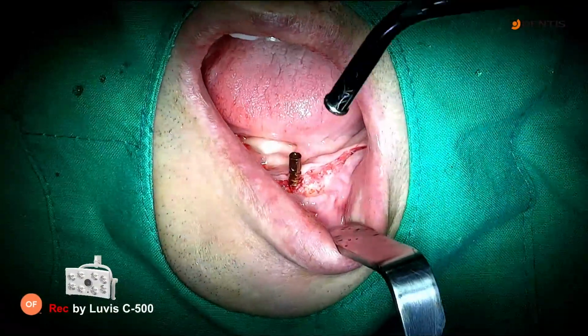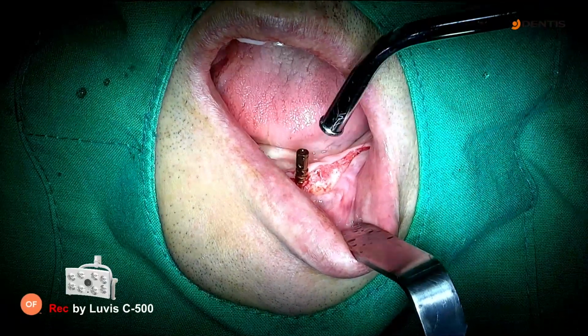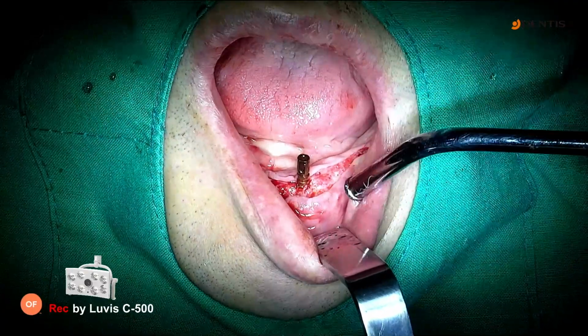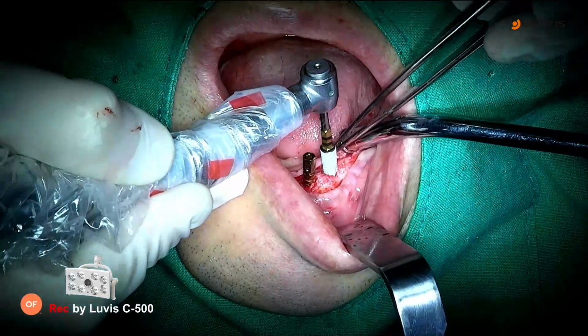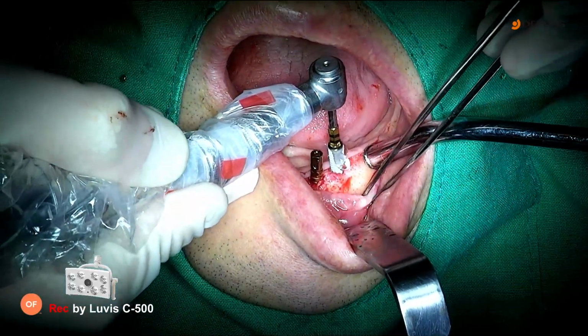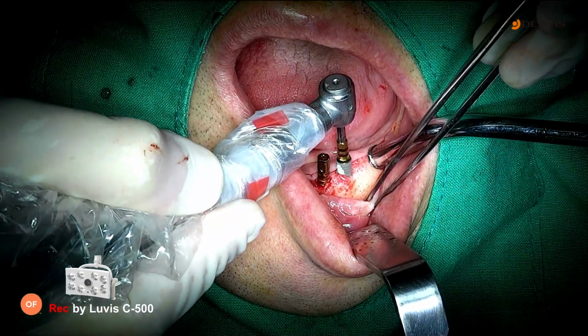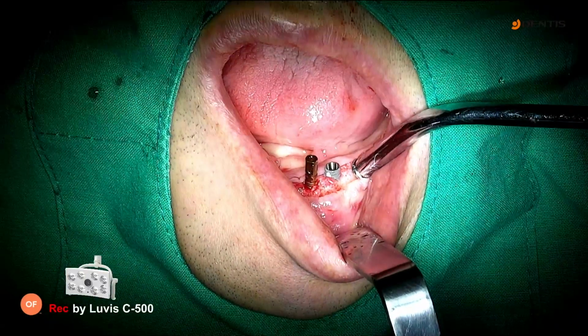Because I always want to feel good primary stability for immediate loading. This is the 4.5 SQ implant. Holding here, I can. Good initial stability.